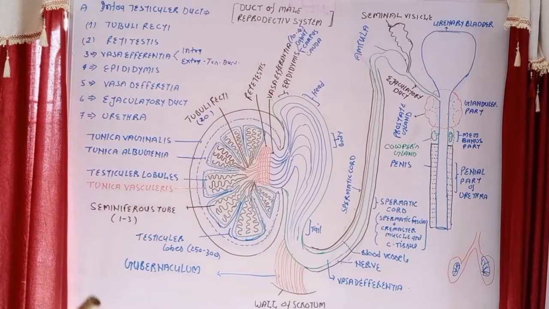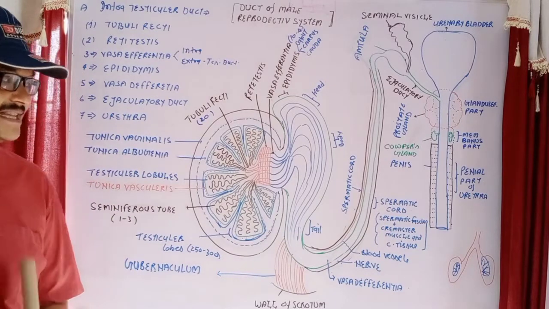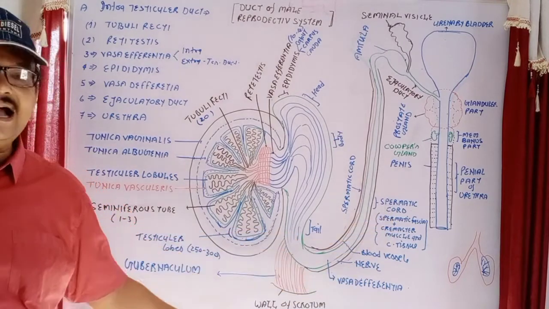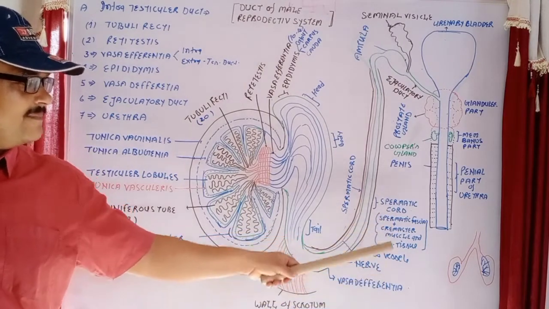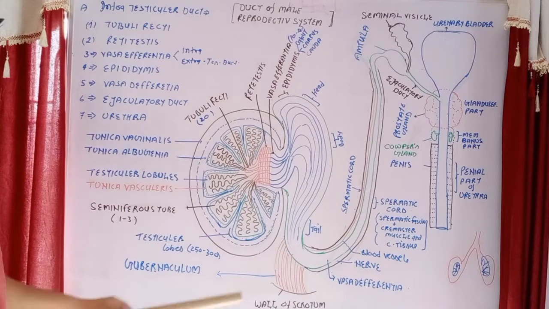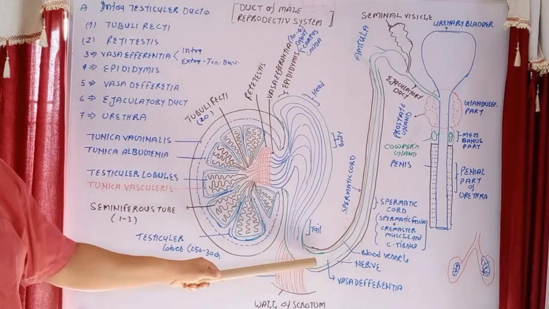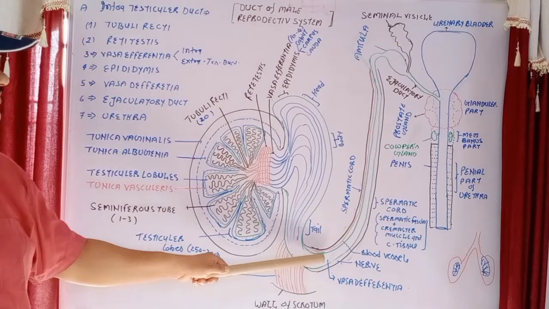If they ask what the spermatic cord consists of, the answer will be spermatic fascia, after that cremaster muscle plus connective tissue. These structures make the spermatic cord around the vas deferens.